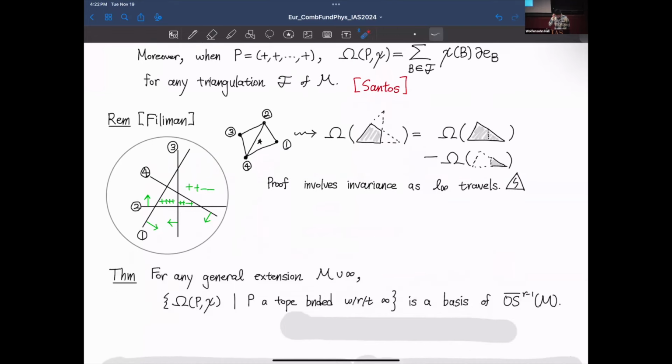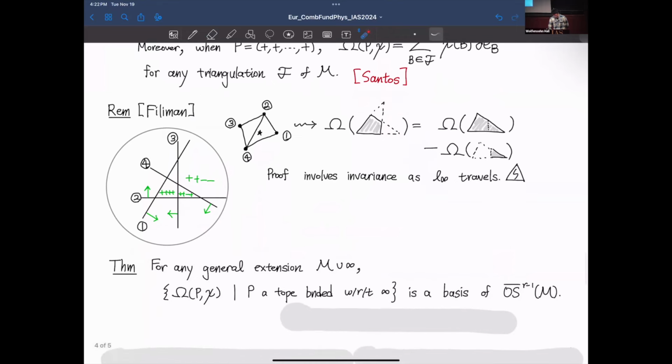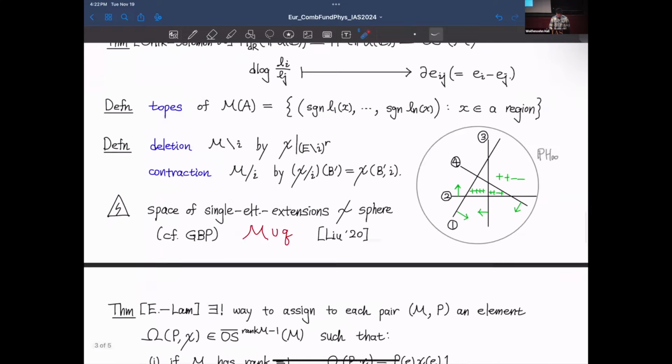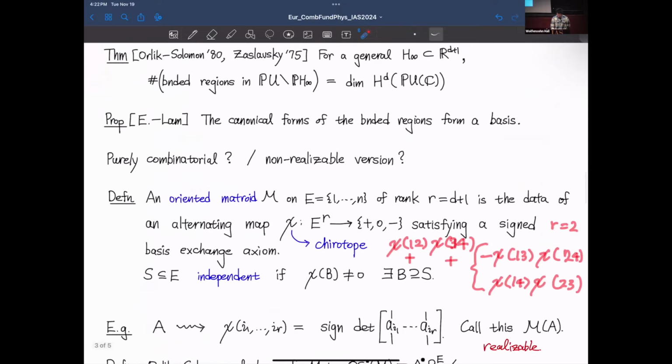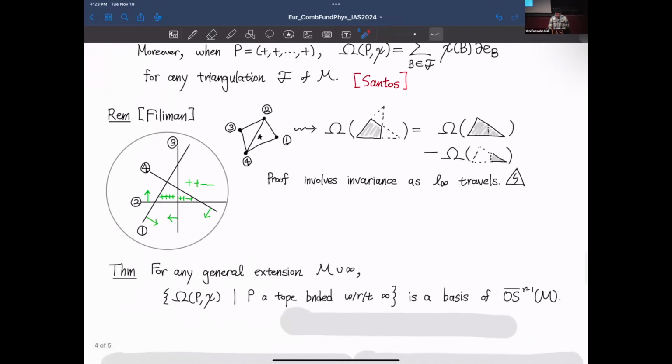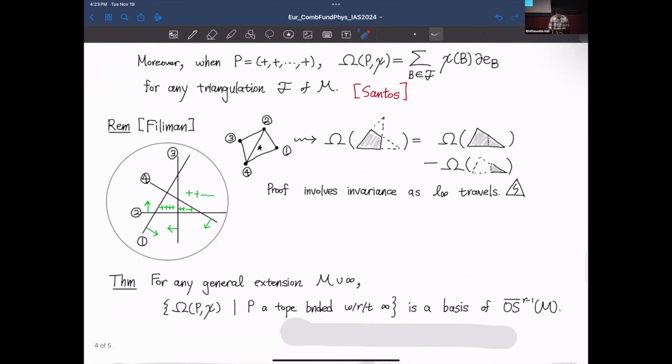After proving this, it's not too hard to prove the non-realizable version of this statement, that the boundary regions for the cohomology. Although, at least numerically, this is certainly not a new result, nor a very shocking result at all. But it gives you a nice clean basis for the Euler orthogonal algebra.